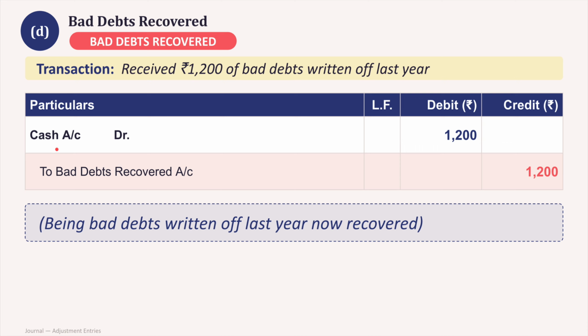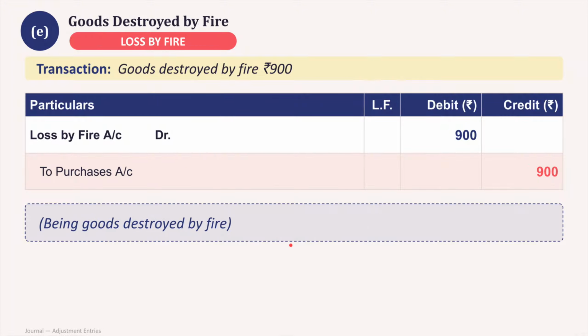So it will be cash account debtor because cash is coming in, to bad debts recovered account. Okay. So because bad debts are recovered, you will write it here. So cash account debtor to bad debts recovered account 1,200 respectively. You can write that narration as bad debts written off last year is now recovered.